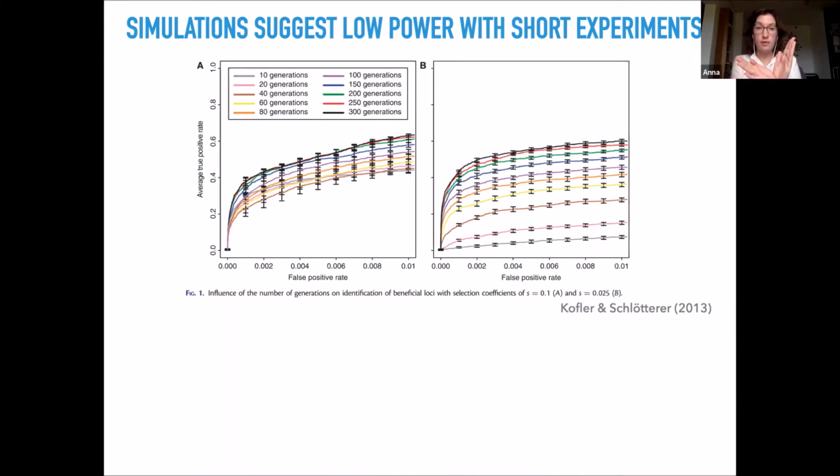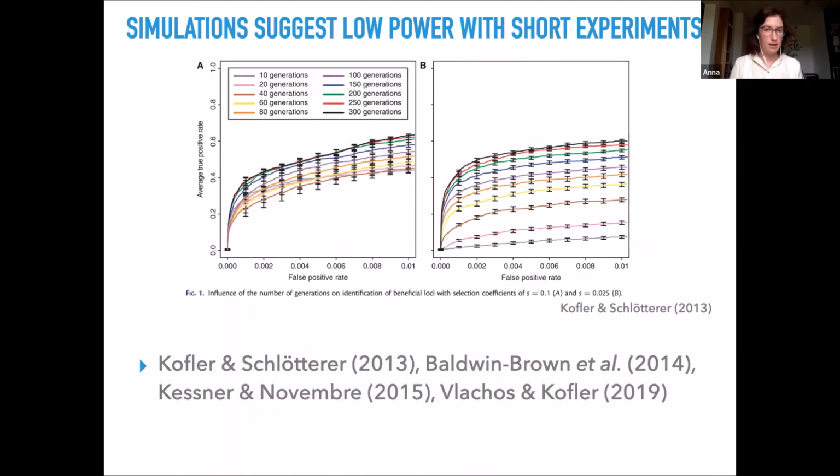If you have a really good setup, what you would like to have is that your curve is hitting the top left corner. The different colors that you see are different experimental durations. Black would be the experiment with the most number of generations. And what you can see is that you have more power with a longer experiment. This has not only been shown in this study, but in a couple, so this is nothing new.